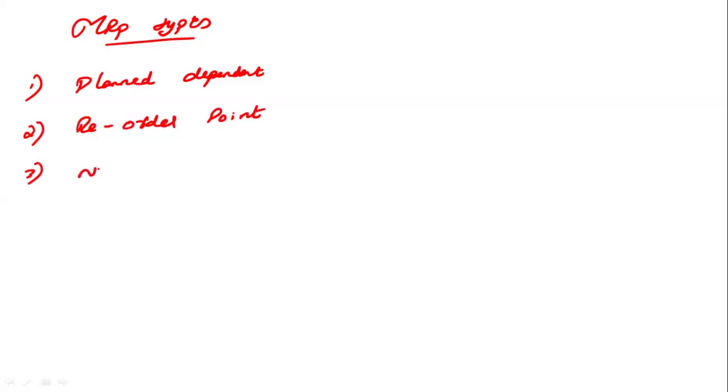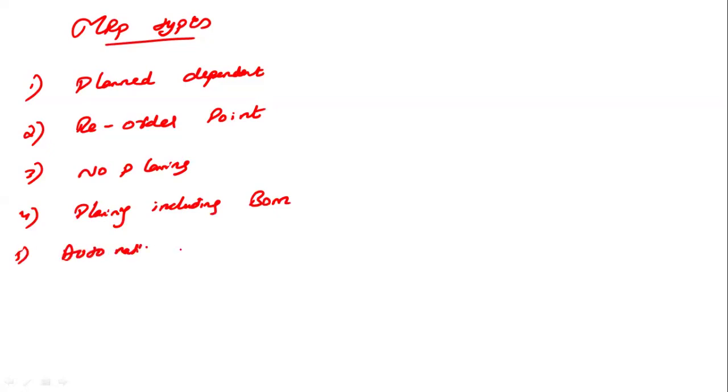And then we have no planning. And we also have some more MRP types like planning including BOM, automatic planning, based on forecasting. So these are the high-level MRP types, but we have still more MRP types.